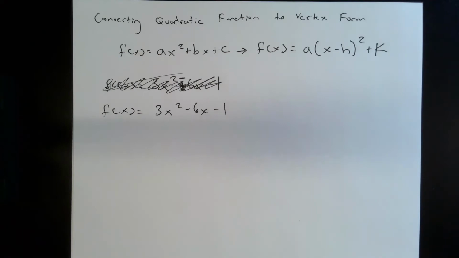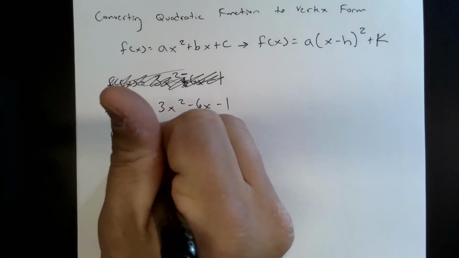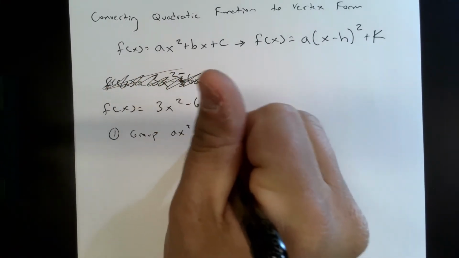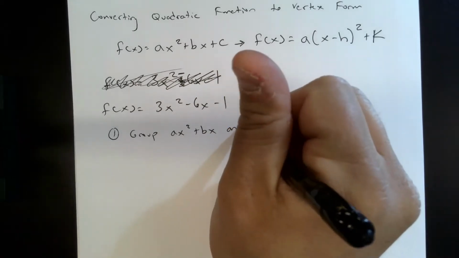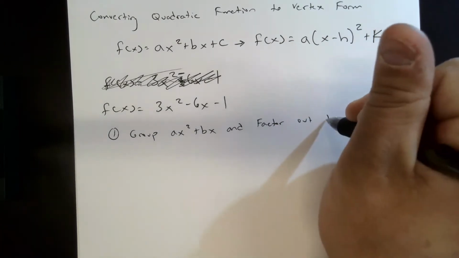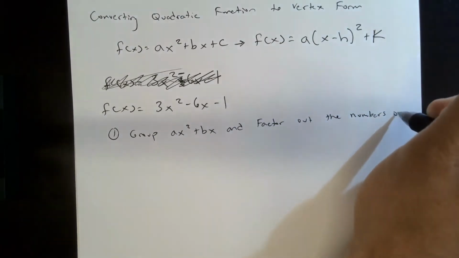Okay, step number 1. You guys ready? Group ax squared plus bx and factor out the numbers only.